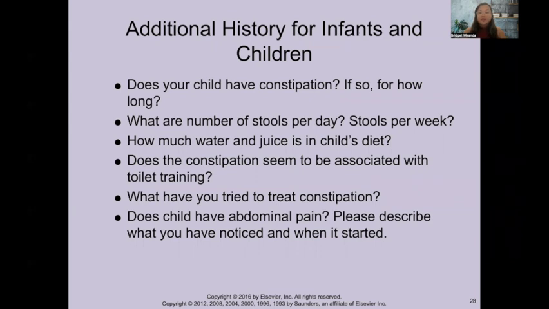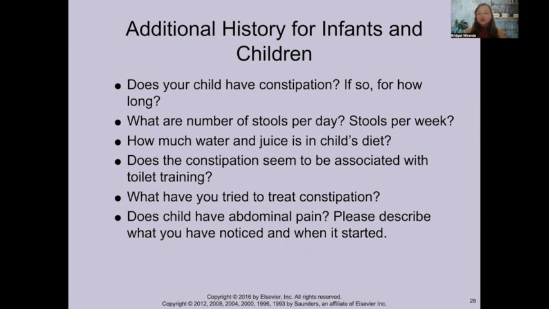Additionally, just like we did with adults, we need to ask them about their poop habits as well. So you're checking for constipation, also for diarrhea. I want to know how much water they're drinking, especially compared to juice in the child's diet. I also ask how many sodas or sports drinks or anything besides water that they may be drinking.